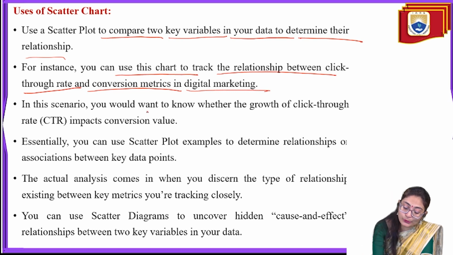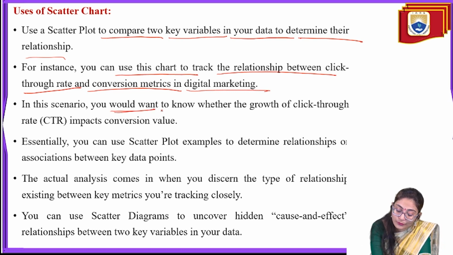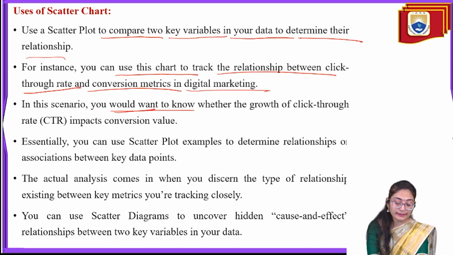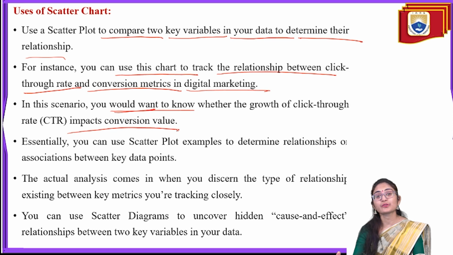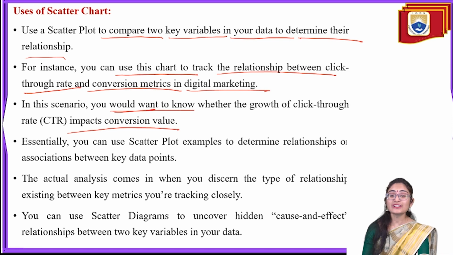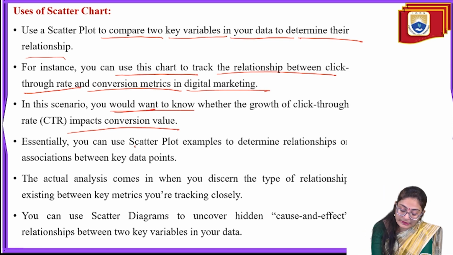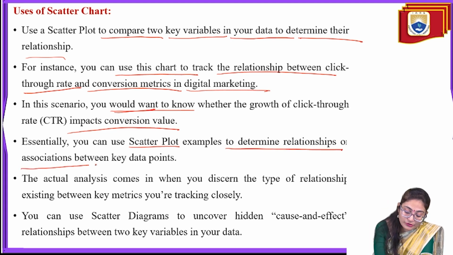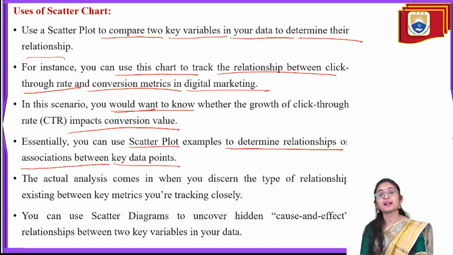In this scenario, you would want to know whether the growth of the click-through rate impacts conversion value. Here you have to check whether click-through rate is impacting the conversion values or not. Essentially, you can use the scatter plot to determine relationships or associations between the key data points.